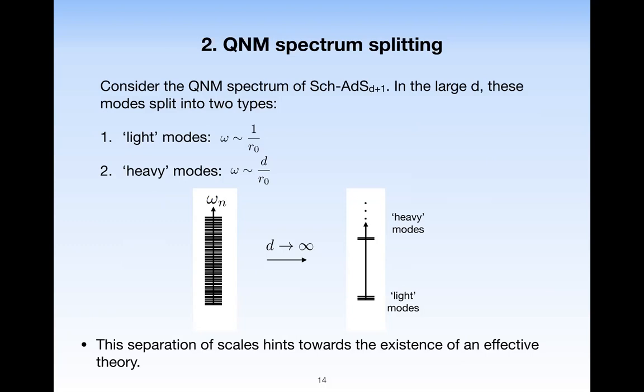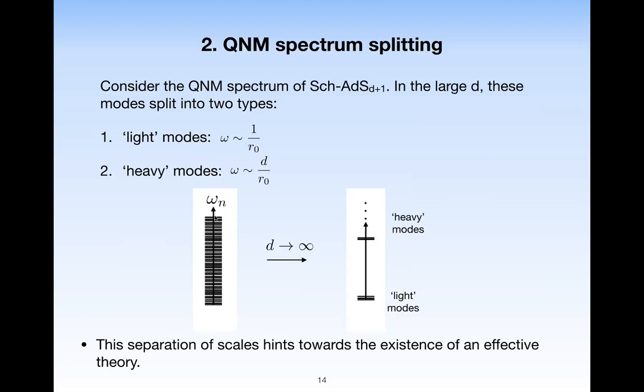So what we do is we consider linearized fluctuations around this metric, and then we solve the corresponding differential equations subject to ingoing boundary conditions at the horizon and sufficiently fast fall-off close to the ADS boundary. Okay, and when we do this computation at finite D, this is what we get. We get a spectrum of quasi-normal modes that is infinite but discrete.